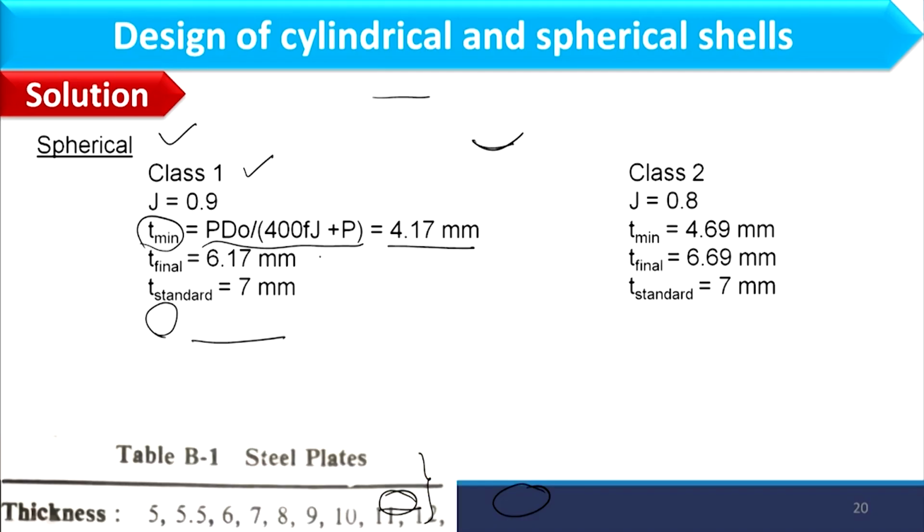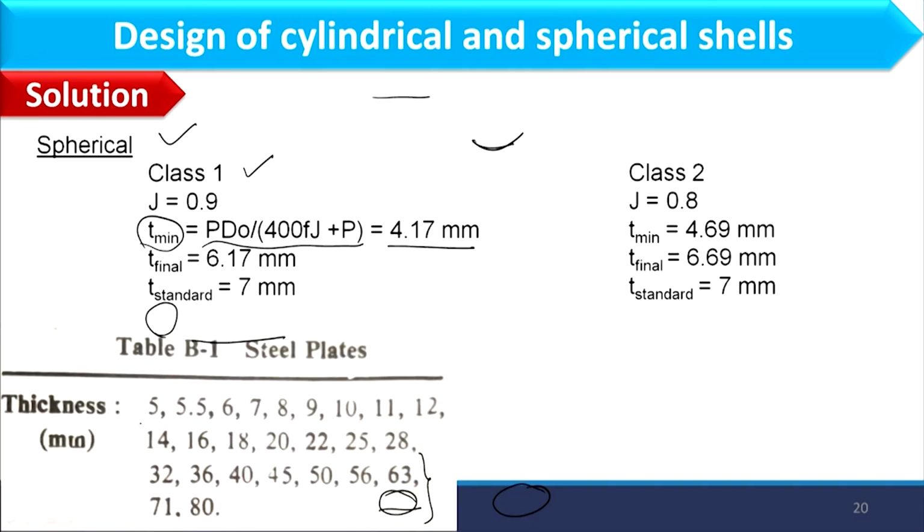Once I am having the value 6.17, the next value available in table B1 is 7. So, 7 I can take as standard thickness. In a similar line for class 2, minimum thickness is observed as 4.69. Adding corrosion allowance we can have 6.69, and further 7 we can take as the standard thickness of a spherical vessel for class 2.